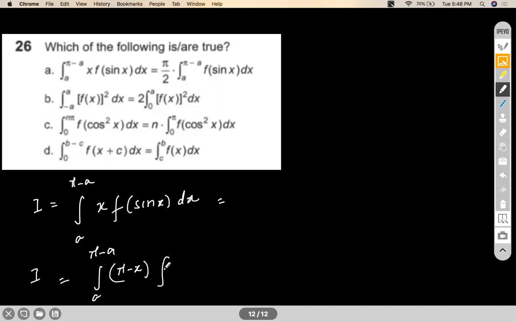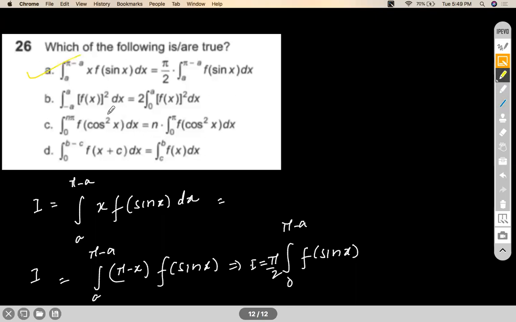Sine pi minus x is as good as sine x. So when you add it, you get pi times 2I is equal to pi times 0 to pi minus a f of sine x. So if you make I the subject of the formula, it will become pi by 2 over here. So obviously option A is correct.